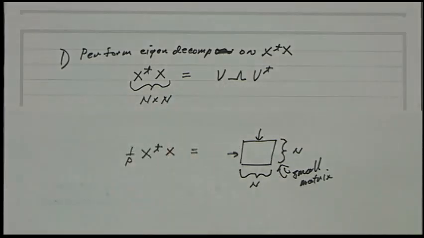Matrix inversion and eigendecomposition are order n cubed, I think, roughly speaking. Matrix vector multiplication is order n squared, where n is the dimension of the matrix.